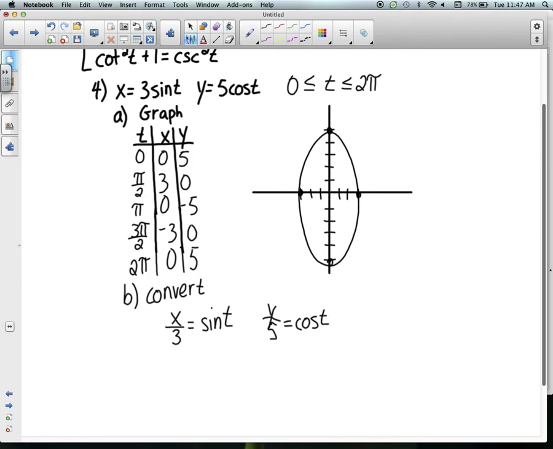Then from there, we're going to use the trig identity that says, I'm just going to switch the order, sine squared plus cosine squared is 1. And we can do a nice substitution. Remember, the squared is for the whole function, so I'm going to put in x over 3, square that whole thing.